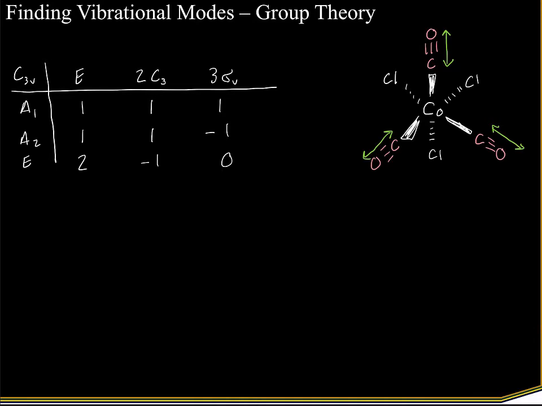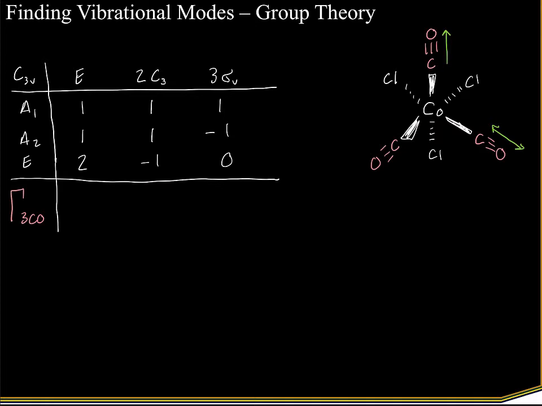And so just like last time, what we need to do now is create a reducible representation for my 3 carbonyls. I'm going to call this big gamma 3CO because I'm describing this bond stretch that's occurring along these carbonyls themselves. And we're going to use essentially the same tool set that we developed in our last class.